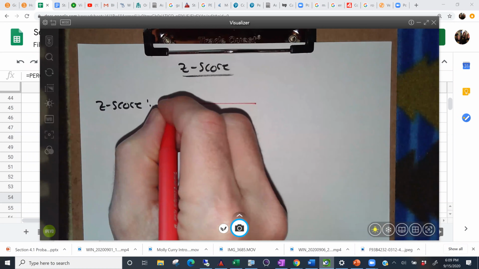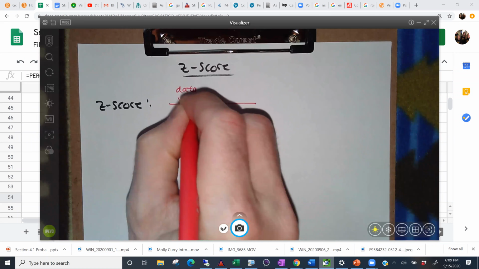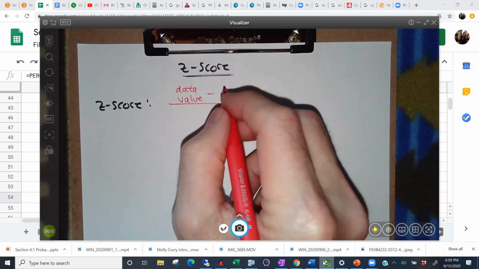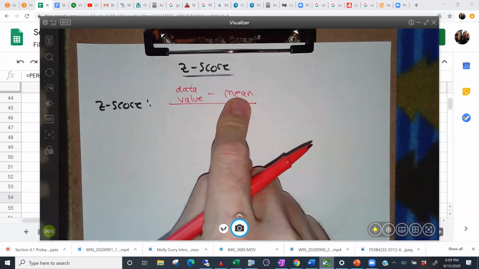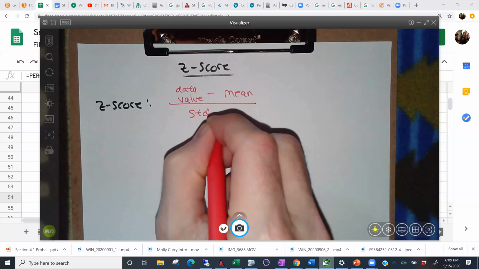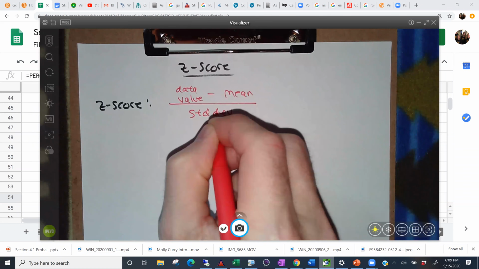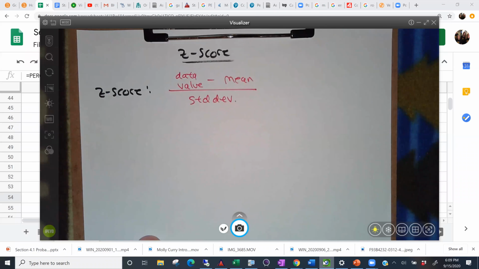You're going to take your data value and subtract off the mean. So first of all, you're comparing it to the mean, and then you're going to divide it by the standard deviation. Basically, it counts how many standard deviations away from the mean you are.